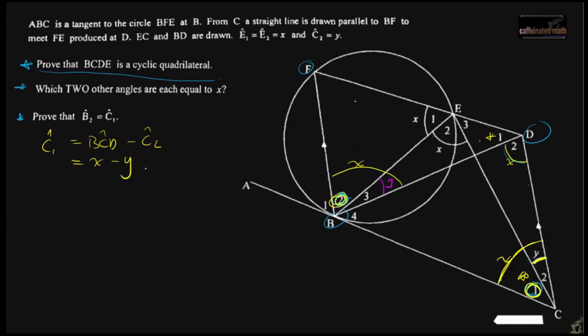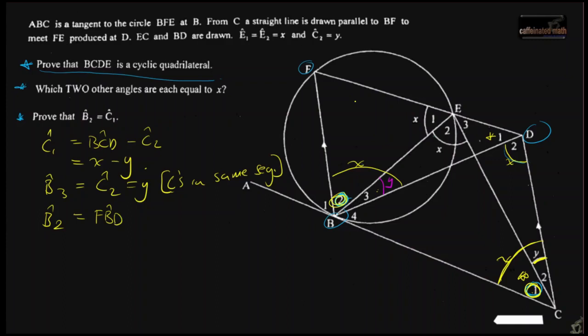Now let's have a look at B3 right over here. Well, angle B3 is equal to angle C2, which is also equal to y. Why is that? Angles in the same segment, which would mean that angle B2 is equal to, well, first let's state the angles and see what pops up.